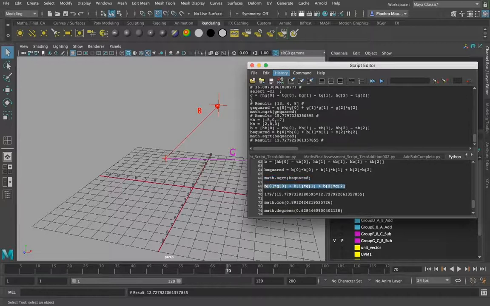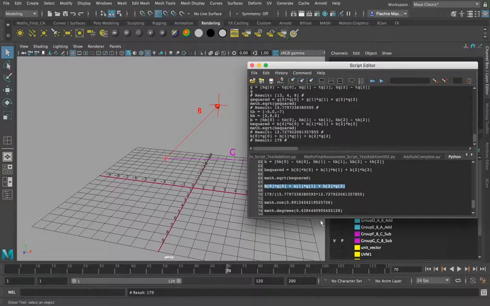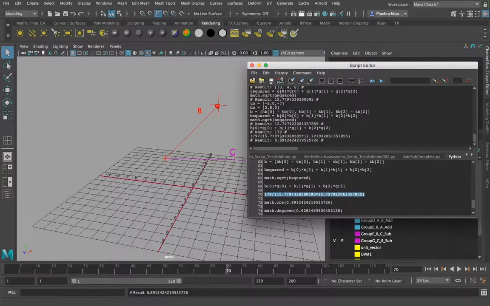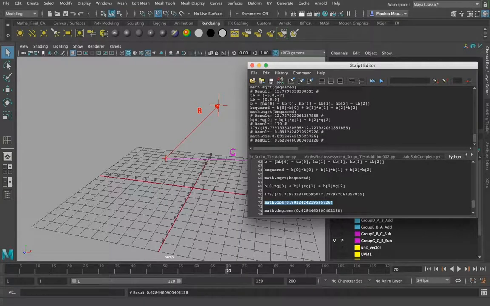So if we run that, 179. At this point then we'll multiply the magnitude of b and g and divide 179 by that. Okay, so that's the result there. So we then need to put that in, so it's cosine of that, but it's going to give us the answer in radians. So then we need to convert that into degrees.